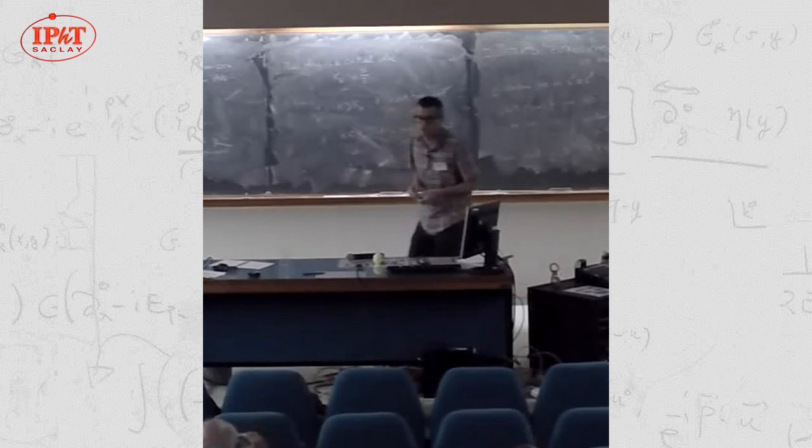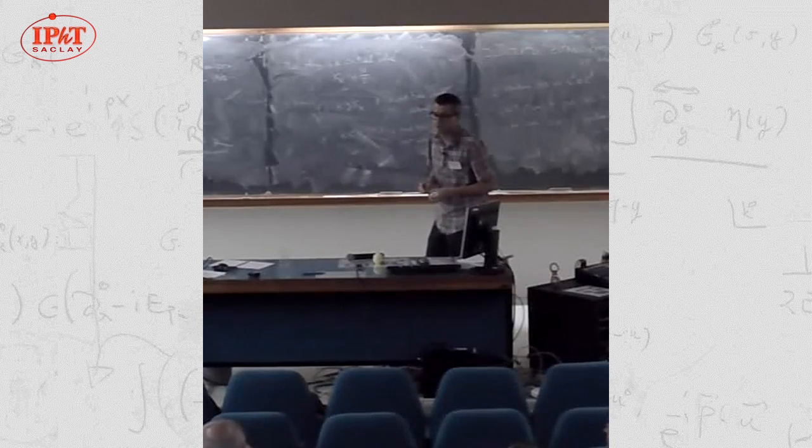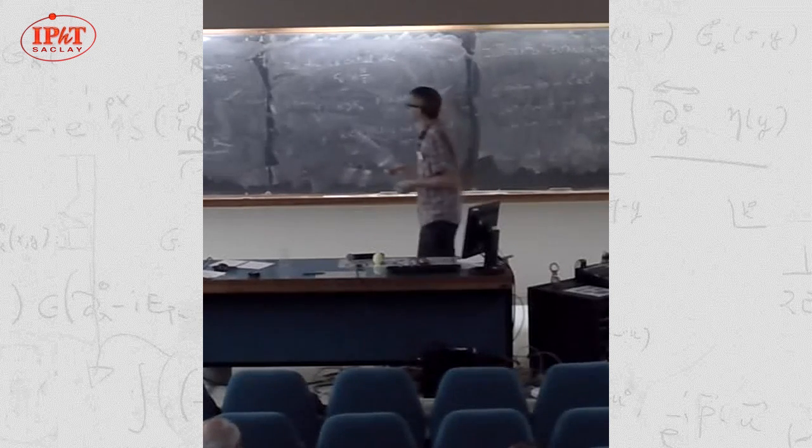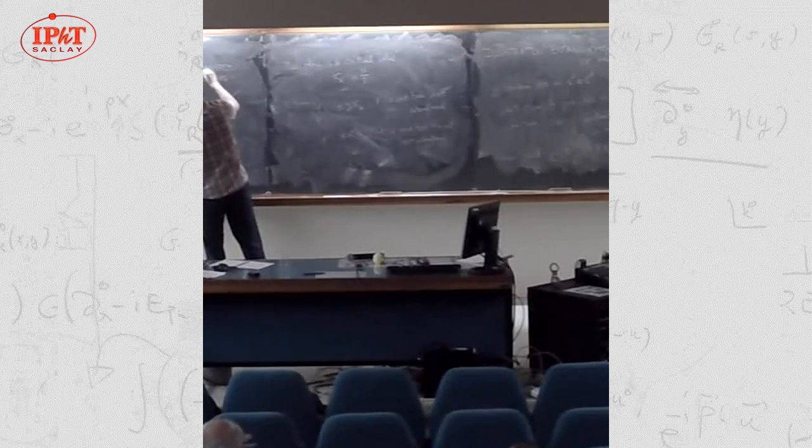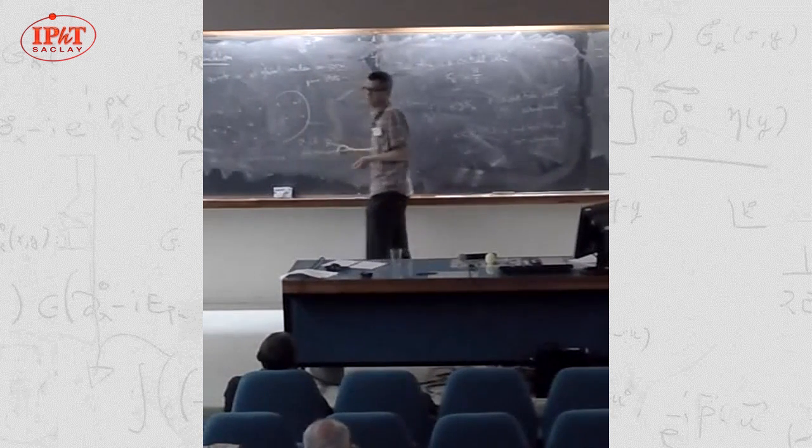Yes? Since the environment is typically very big, we essentially never see entanglement. Yes, so you can, but of course the problem of this model is that it is not realistic at all.